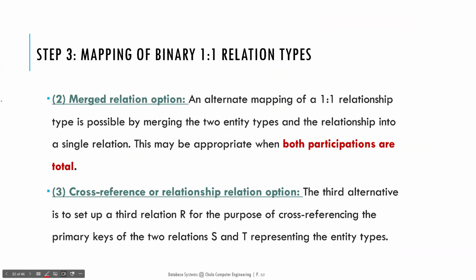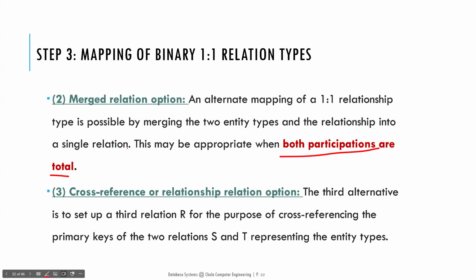That is the next step here. So the next, number two, okay, you can do this. It's called merge relation option. So this is an alternative mapping of one-to-one relationship type, right? By merging the two. So this may be appropriate when both participations are total.